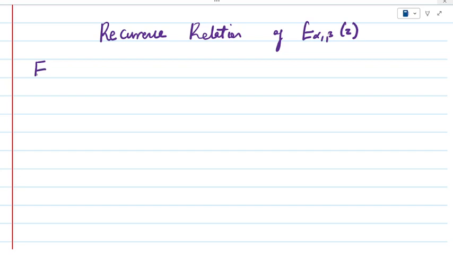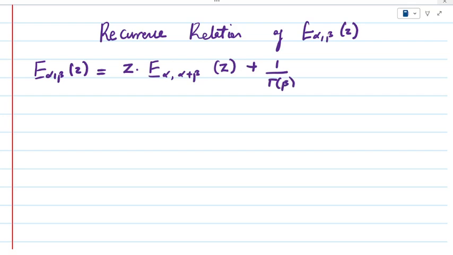So you have E_{alpha,beta} of z to be z times E_{alpha, alpha plus beta} of z, plus 1 over gamma beta. So let's prove this.